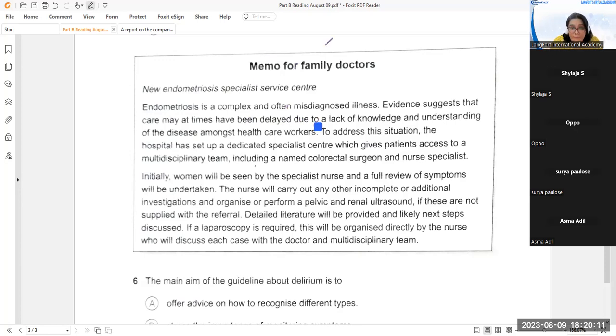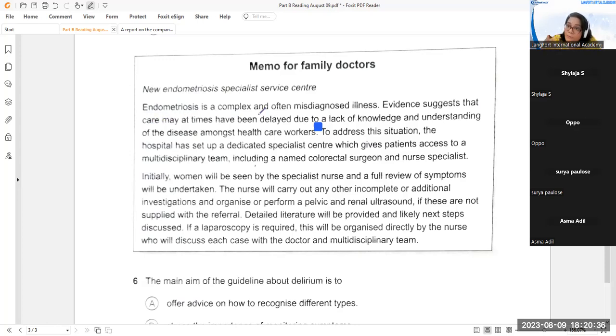I want all of you to go through this one memo. So this is a memo for family doctors. It's about a new endometriosis specialist service center. The first sentence says that this condition is a complex and often misdiagnosed illness. We often wrongly diagnose the condition. It's a complex condition. Based on the evidence, care may at times have been delayed.